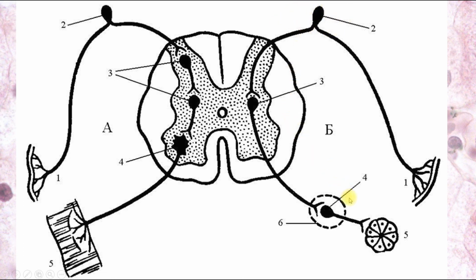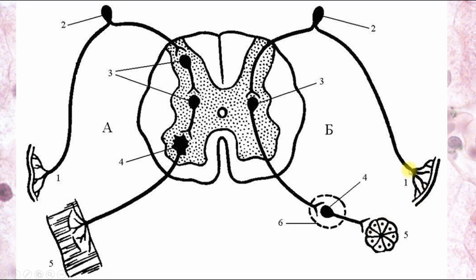We have autonomic nerve ganglia which are located near the inner organs. And there are perikaryones of neurons which send their axons directly to some organs. For example, it's gland, and there is autonomic nerve ganglion, and axon of this cell goes to target cells which react to this impulse. So there is an additional ganglion in autonomic regulation.